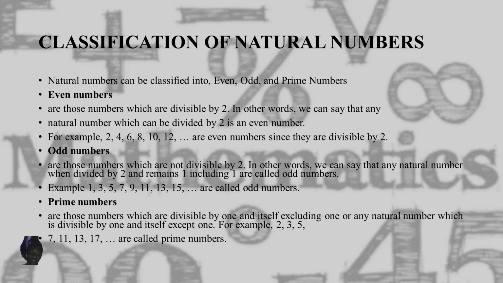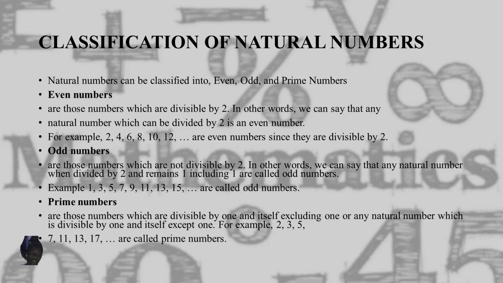Then we have the odd numbers. These are numbers which are not divisible by 2. In other words, natural numbers that, when divided by 2, leave a remainder of 1, including 1, are called odd numbers. So 1 is an odd number. Examples are 1, 3, 5, 7, 9, 11, 13, 15, and so on and so forth.